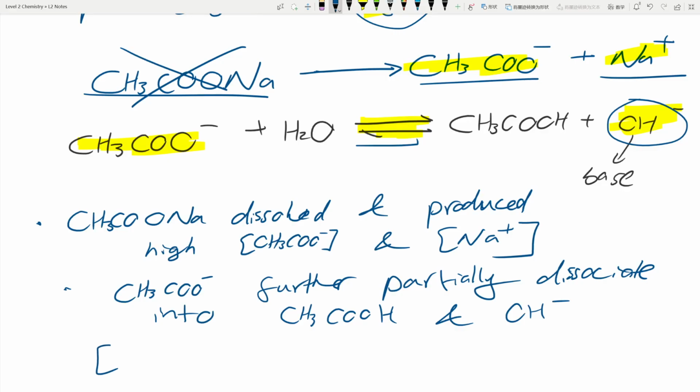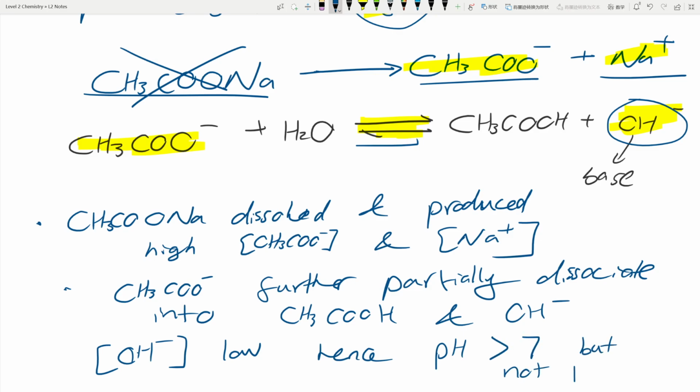Okay, but the concentration of OH minus is going to be low, hence the pH will be above 7 but not too high.